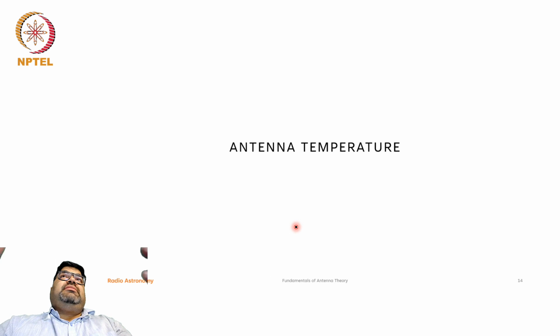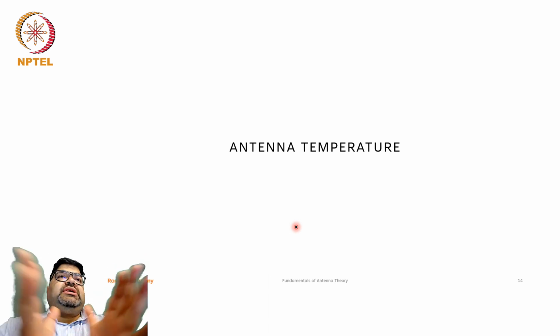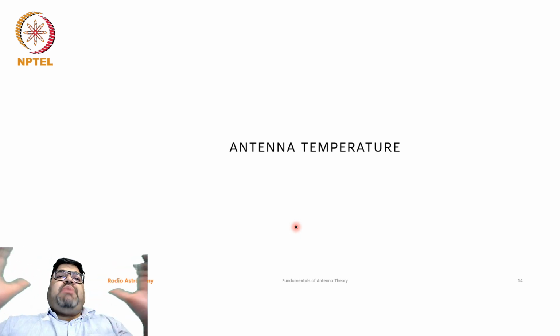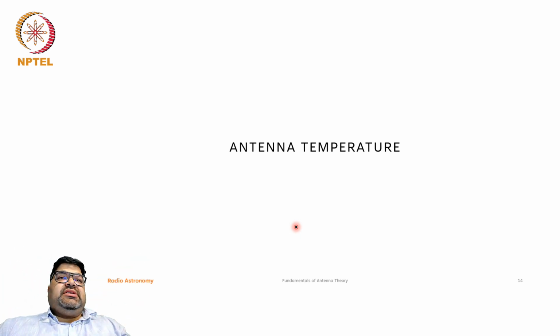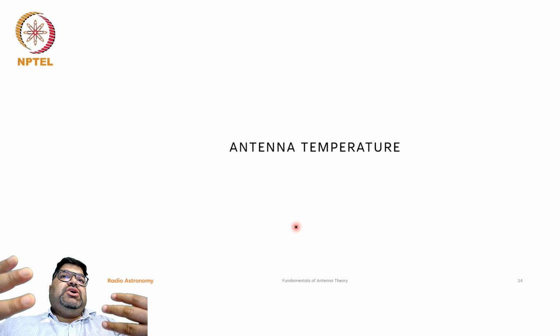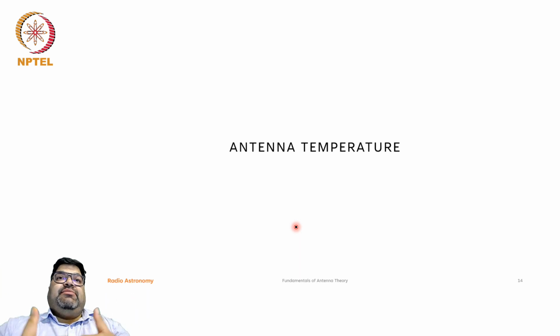So now we come to another concept called antenna temperature. But before that, just think about it. This entire power pattern demonstration and measurement is possible in the transmit mode. But it also gives an effective idea of what the response of an antenna will be in a receiving mode at the same far field.